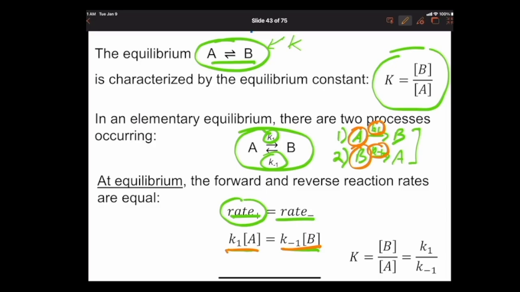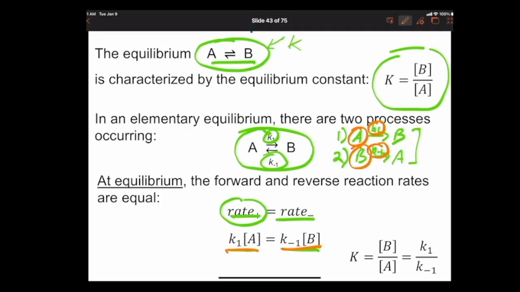And why it balances out is, at some point, there's very little starting material left, in which case there's tons of product. Even if the K minus 1 is small, it still balances out. So this is a product of both the constant and how much you have. At some point, you may have a very small K, but a very, very big concentration, and they equal each other. One and the other can sort of equal out.